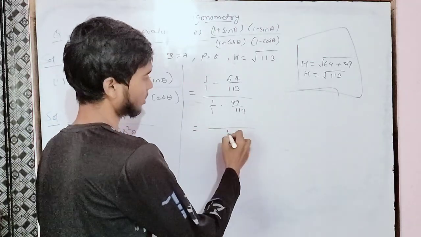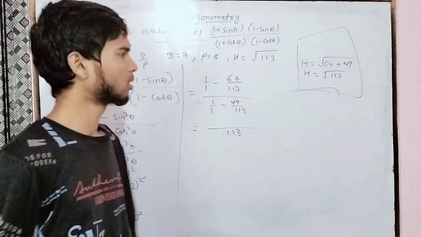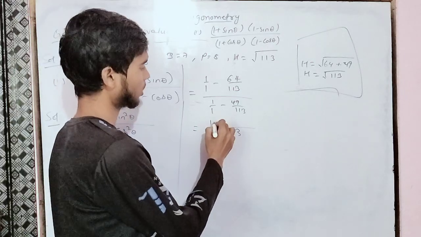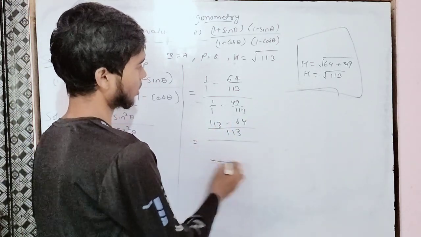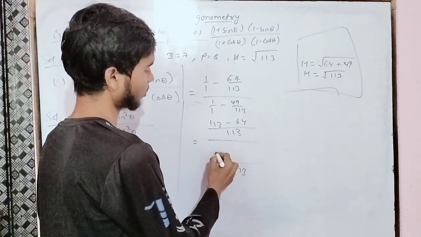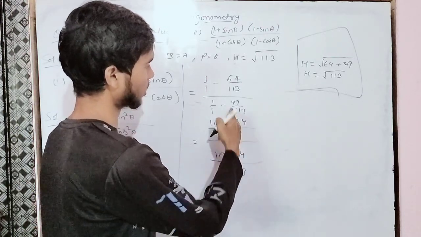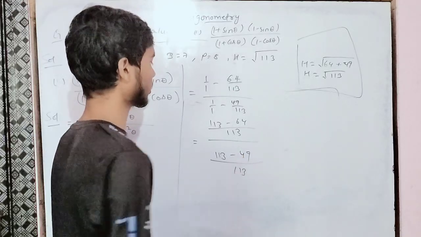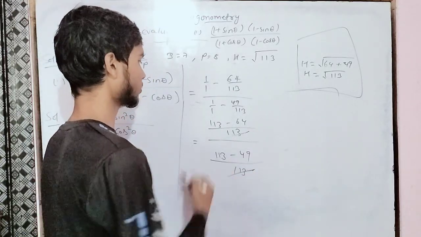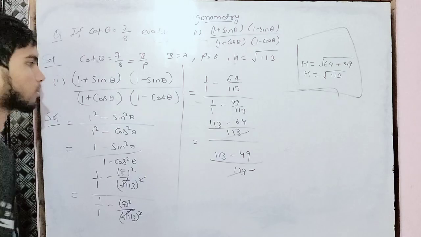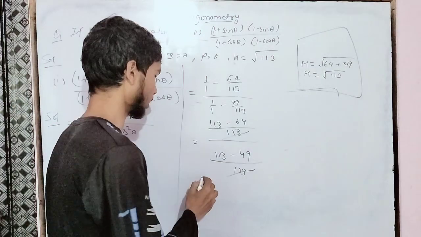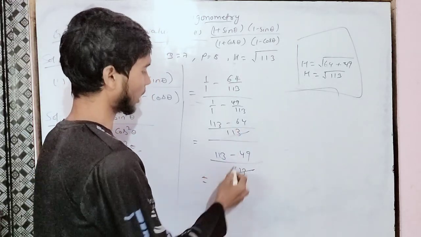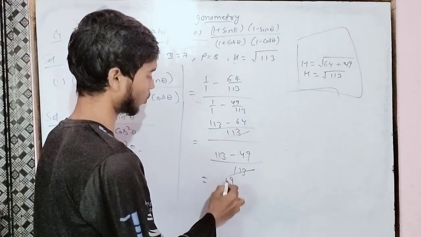We have a fraction here. It is very easy for you. So it will be 113 upon 64. Clear? Again 113. So 113 minus, I think it is 49. So this is the same. It will cut. Now whatever we have left, we will write.